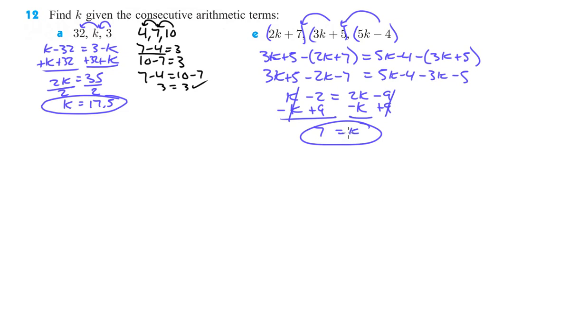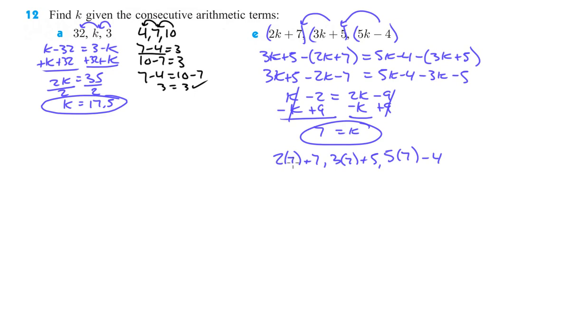Also, if you want to check to make sure that these work, it's not a bad idea. You can plug these numbers back in to double check. So we would say 2 times 7 plus 7 is the first term, 3 times 7 plus 5 is the second term, and 5 times 7 minus 4 is the third term.